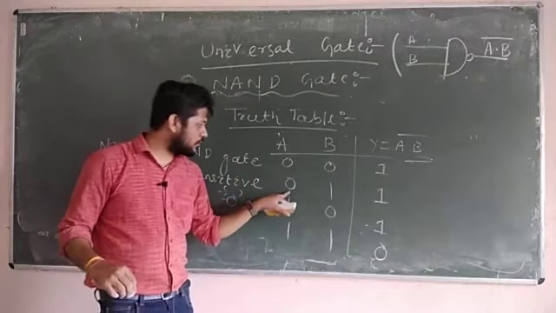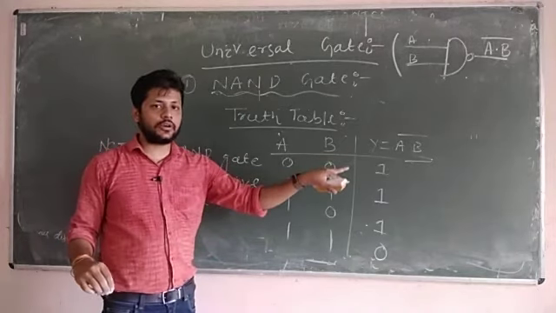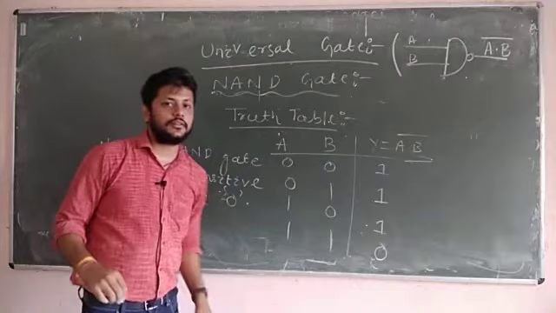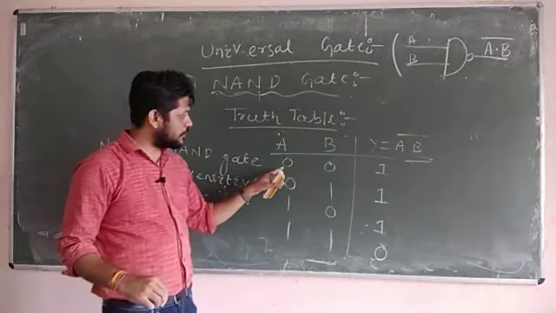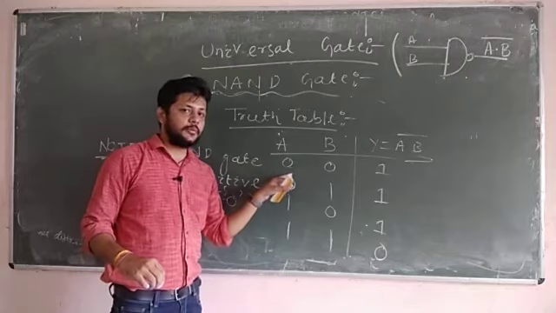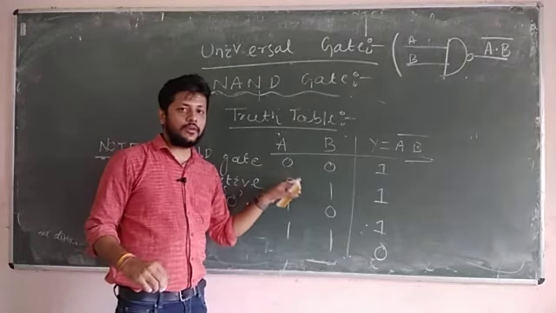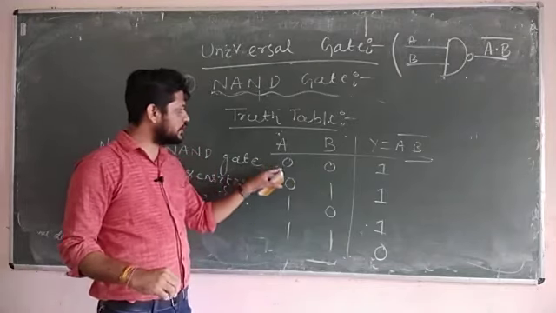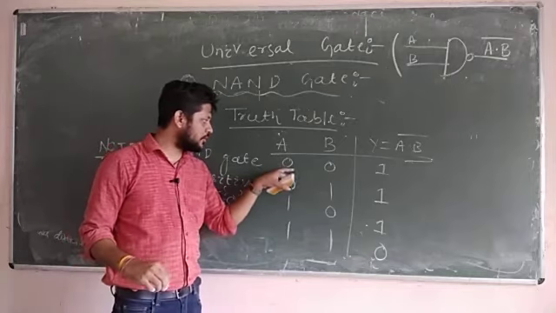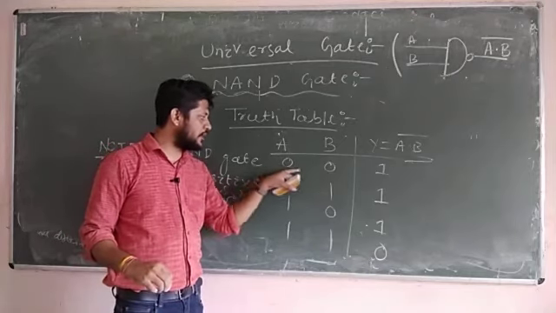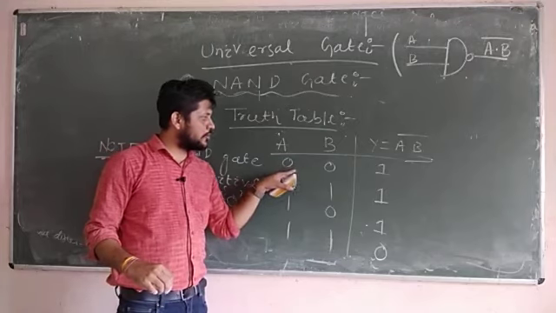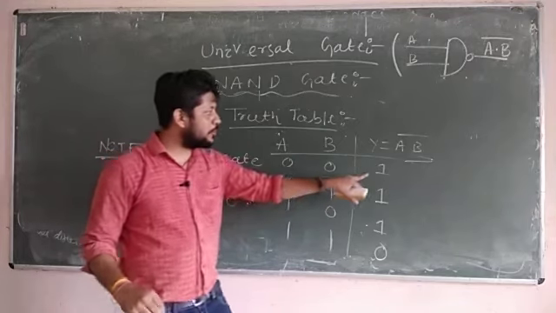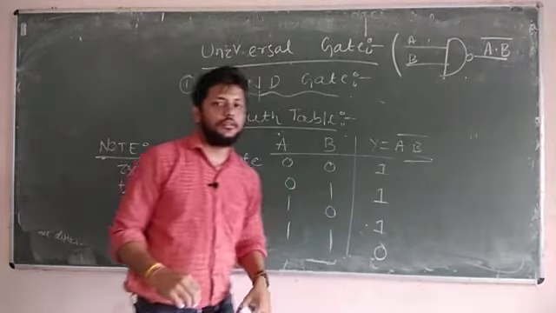So when you draw the truth table, just remember that the NAND gate is very sensitive to the low value of input; out of 0 and 1, the low value is 0. Hence the moment one of the inputs is 0, whatever the other input may be, the output of the NAND gate is 1.